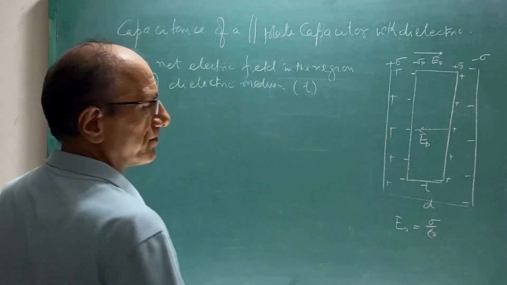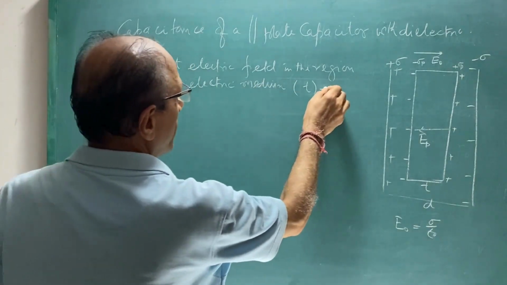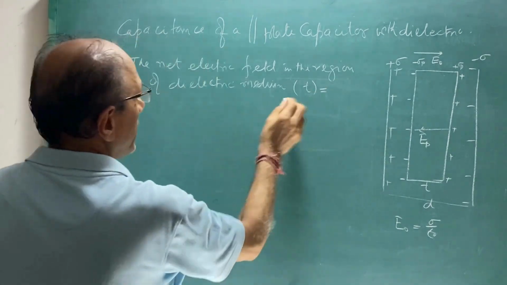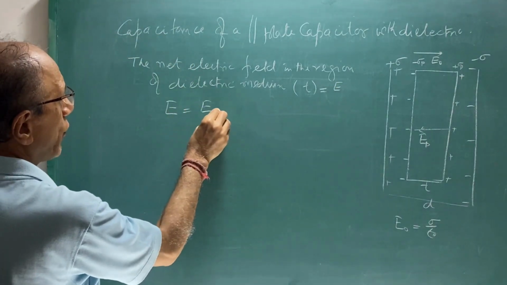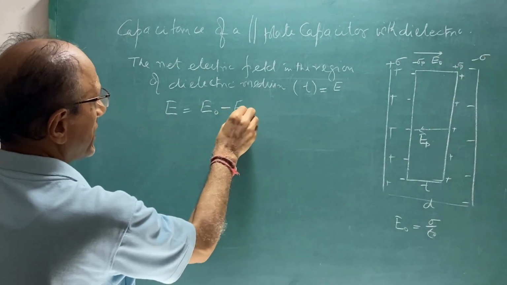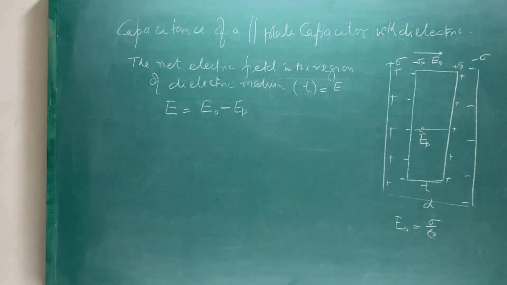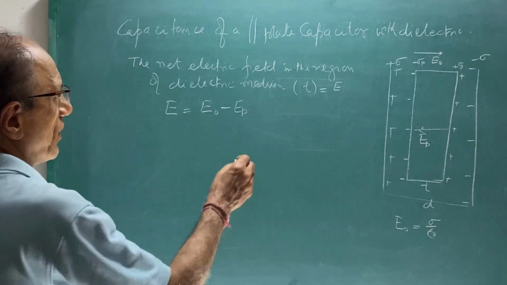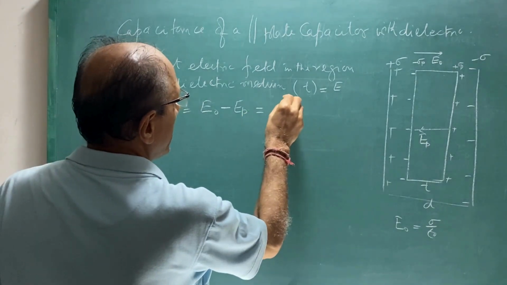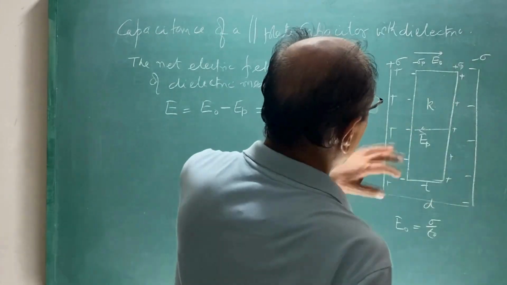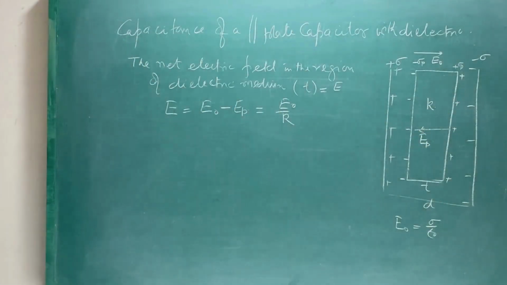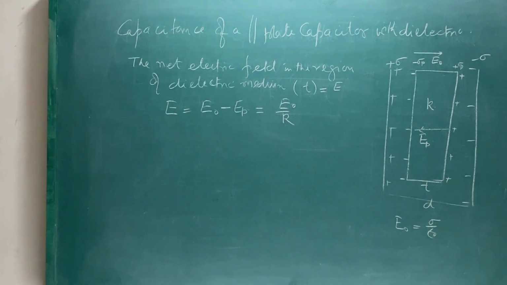T thickness में, that will be equal to E, let us say. So this E will be equal to E naught minus EP, or EI, whatever you call it. And that is always equal to what? E naught upon the dielectric constant K. If the dielectric constant is K, then electric field in a dielectric in a certain medium is always E naught by K.